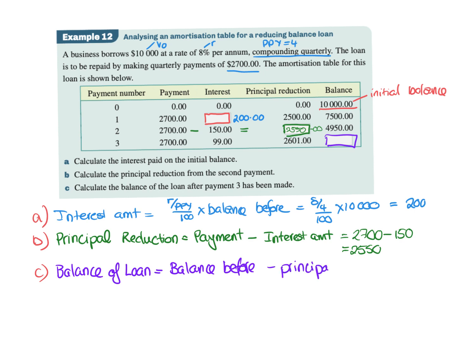So that's actually what we're reducing it by. In this case, the balance before was 4950 minus the principal reduction, which was 2601. So we end up with 2349.00. I'll just write that in.